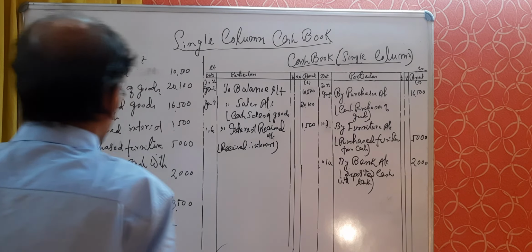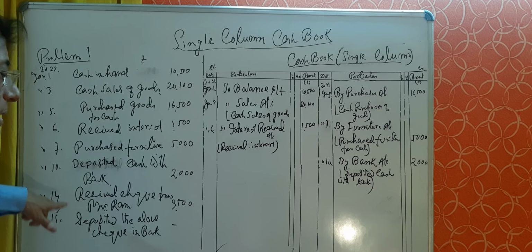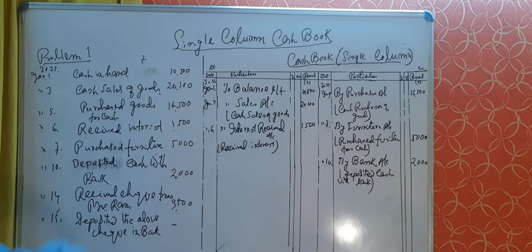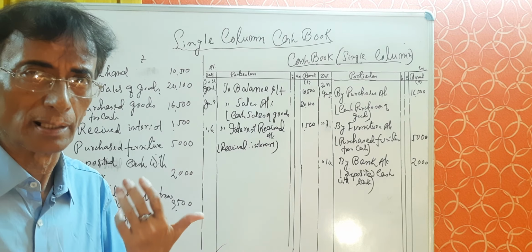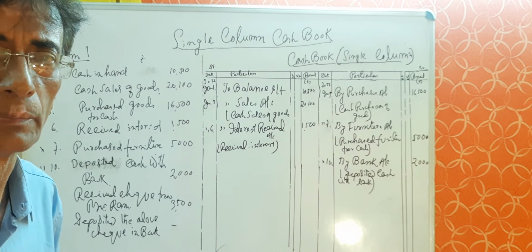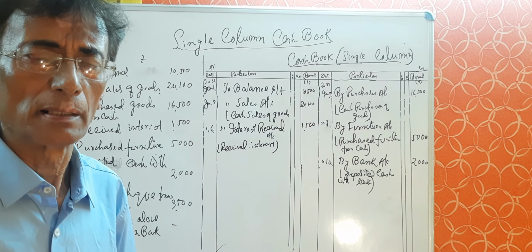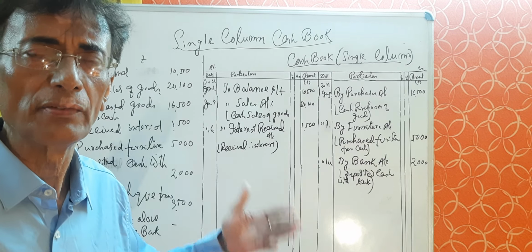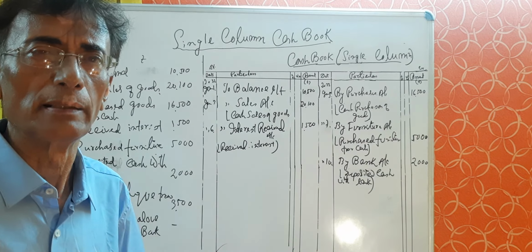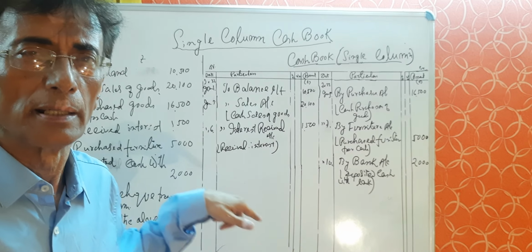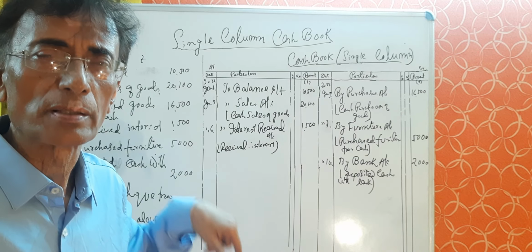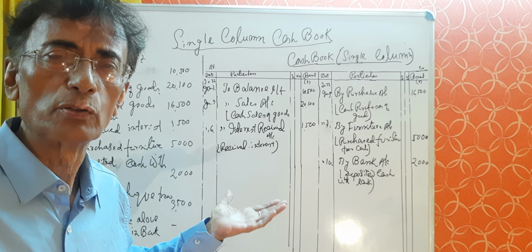Next one, received check from Mr. Ram. Though check transactions are not generally recorded in single column cash book, as it has been given in the problem, we can write here the check transactions in the single column cash book in the manner as I have been showing you.